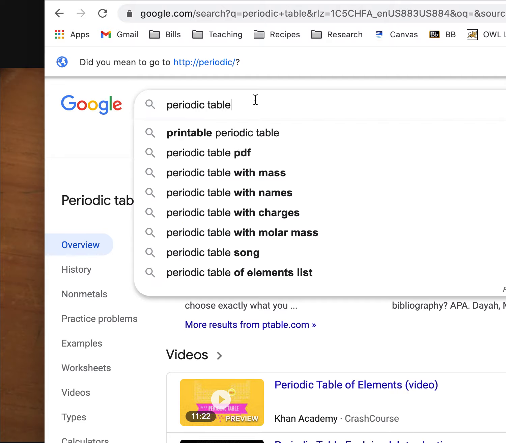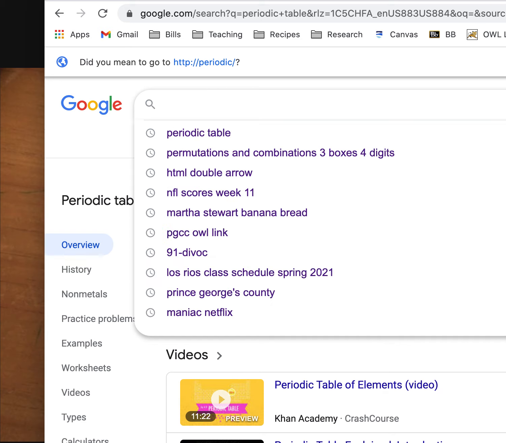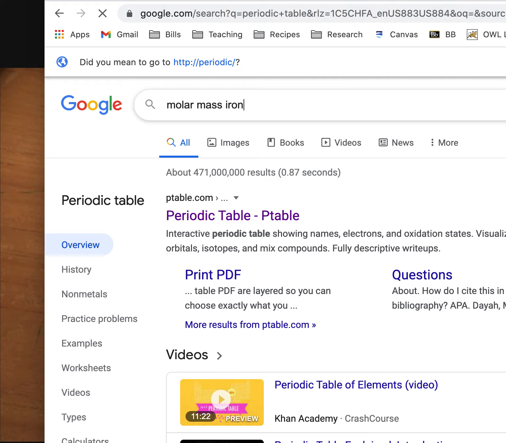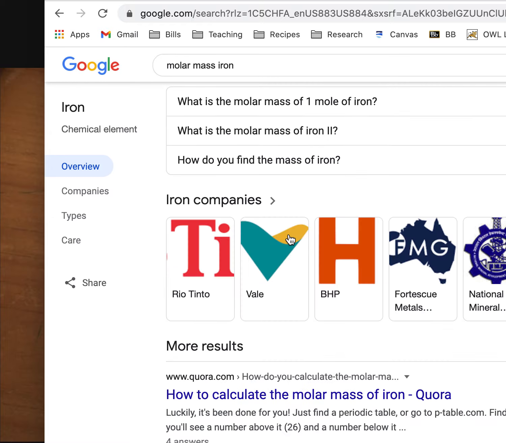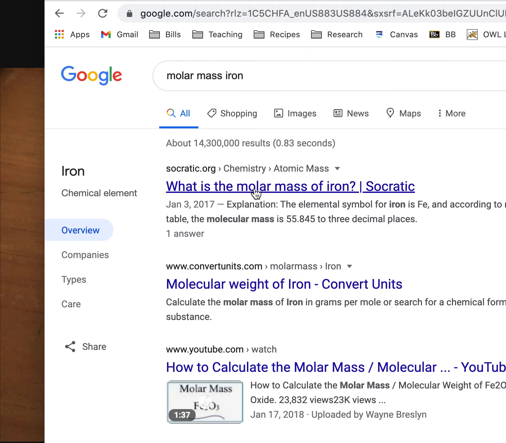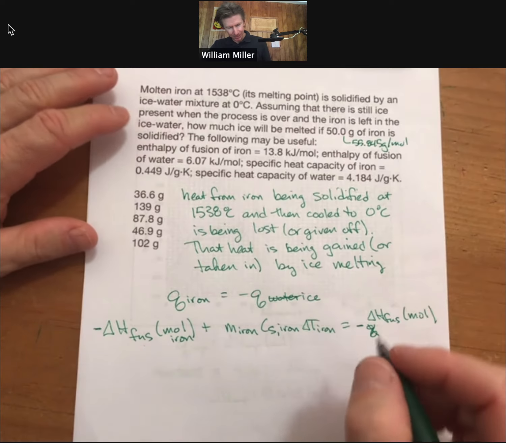Periodic table. No. Molar mass iron. Why does it not give it to me? 55.845, or 55.85 is what we usually use.